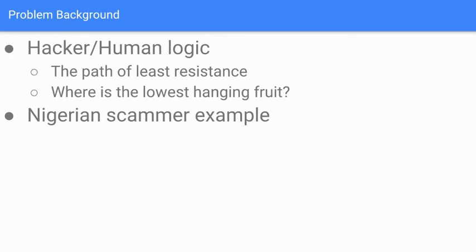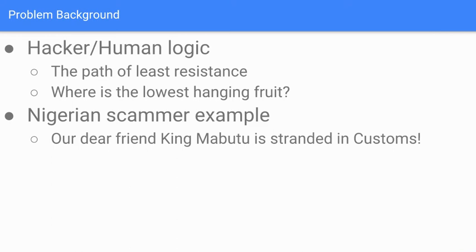It usually goes something like this: our dear friend King Mabutu is stranded in customs, say at JFK Airport. Oh no! I messed up my pronunciation of that, I should have hit a higher note, but you can sub that in here.